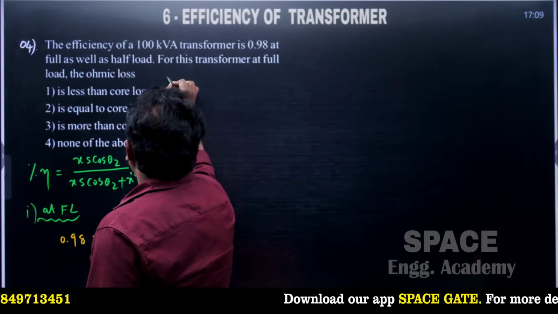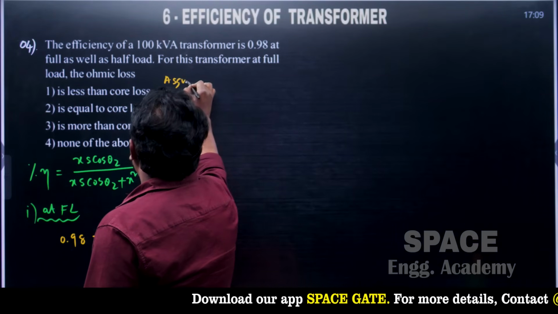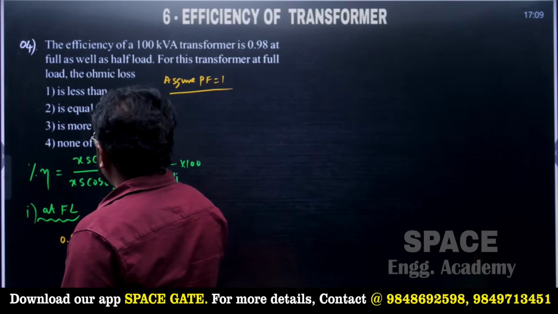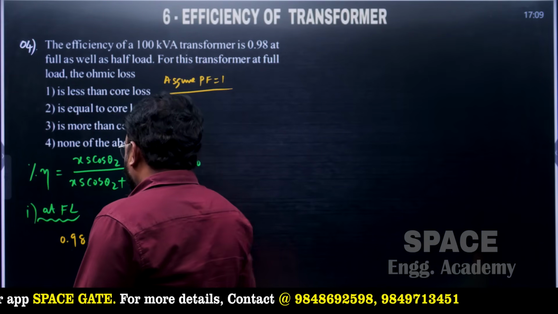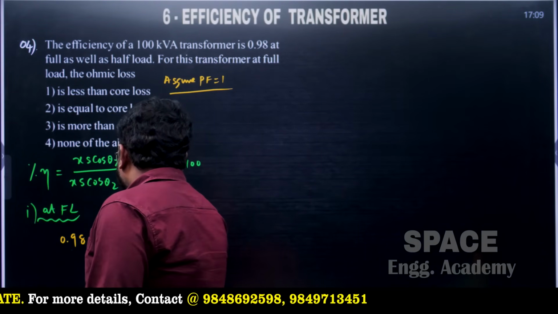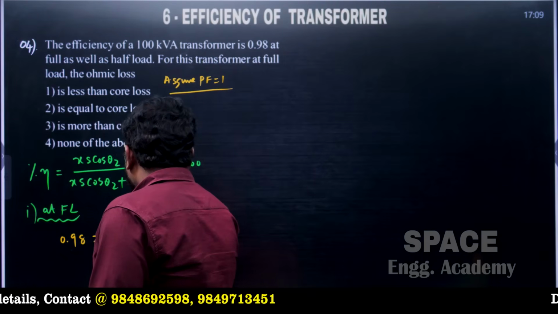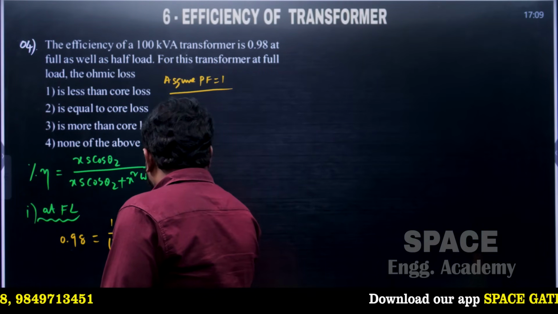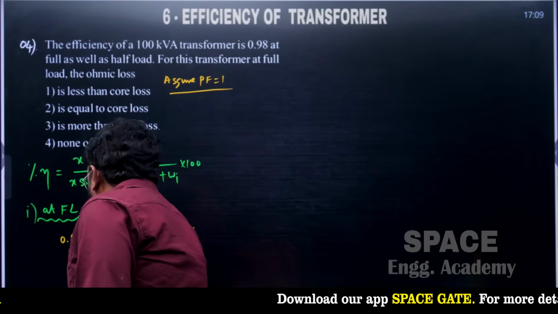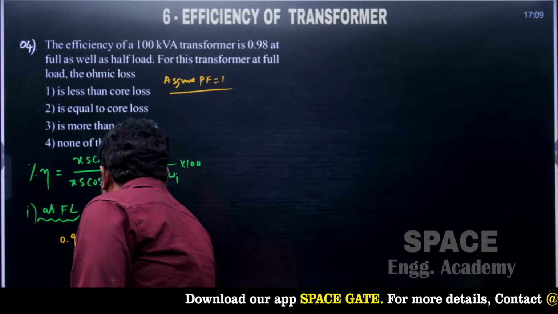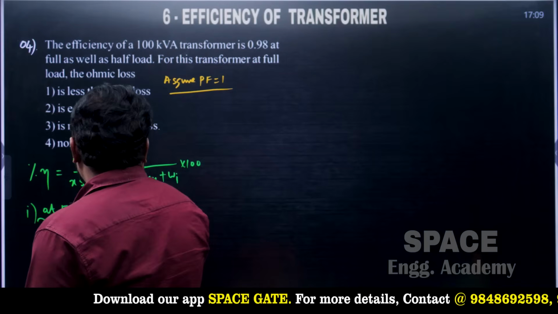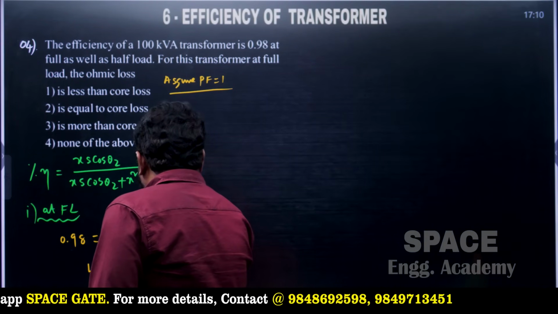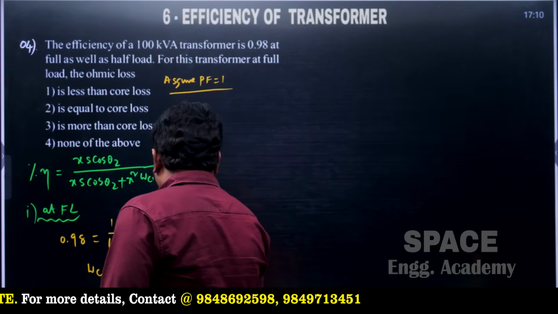I am assuming power factor is equal to 1. So 0.98 equals 1 into 100 into 1 divided by 1 into 100 into 1 plus 1 square copper losses plus iron losses. Therefore, copper losses plus iron losses equal 100 divided by 0.98 minus 100.